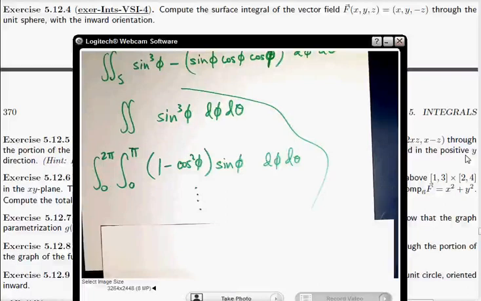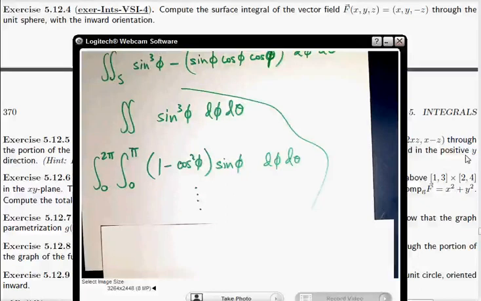Okay, now let me think just a little bit more. Sine cubed. So sine cubed is, you've got a symmetry argument. And sine theta, cosine squared theta. Yeah, no, that totally works.